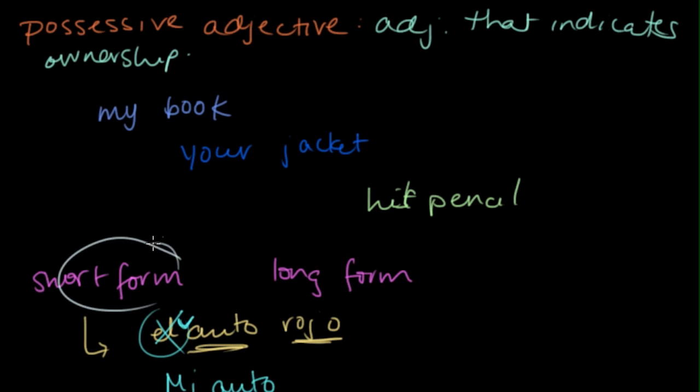So let's take a look at what all of these possessive adjectives are. We just saw that my is mi. Your, for tú, would be just tu, but no accent. His, her, and your, like the usted form, is su, and you'll have to rely on context to figure out which one of those three it could be.